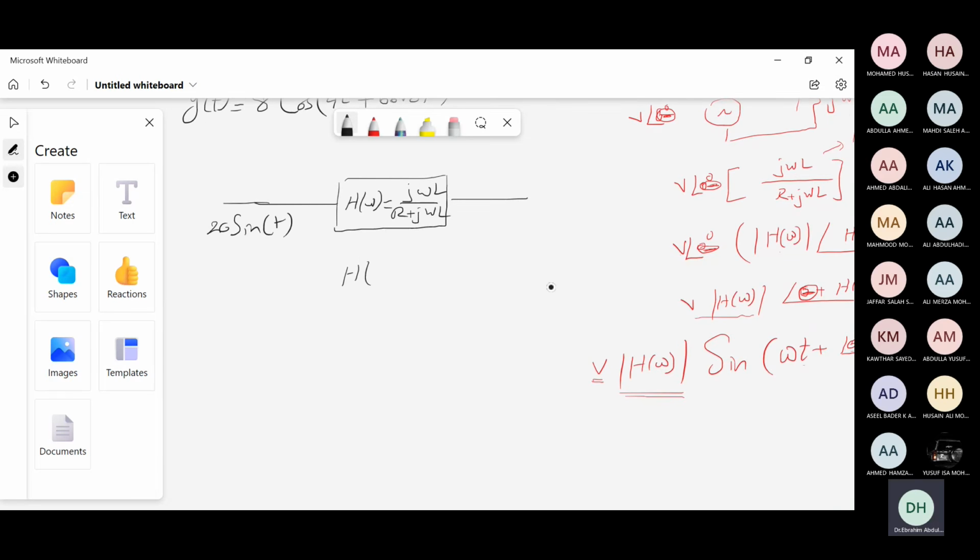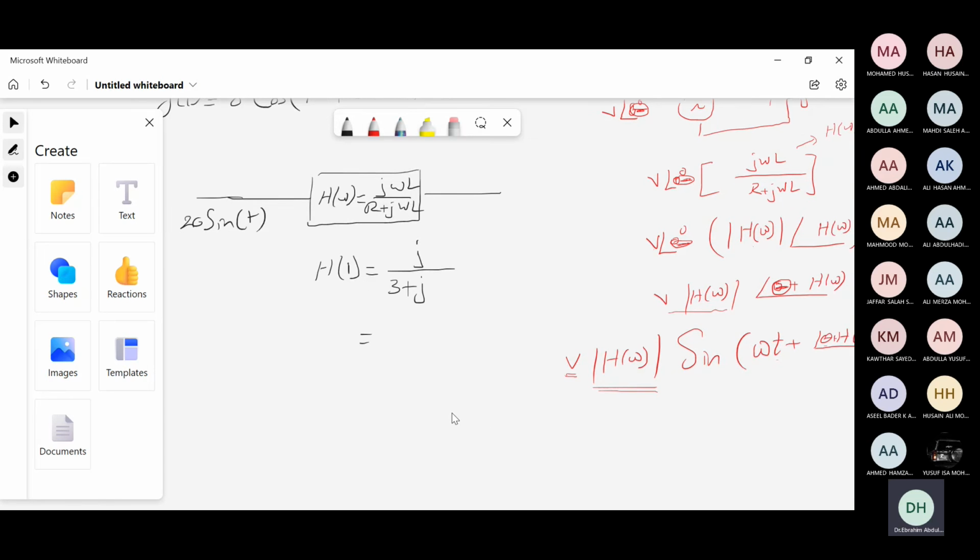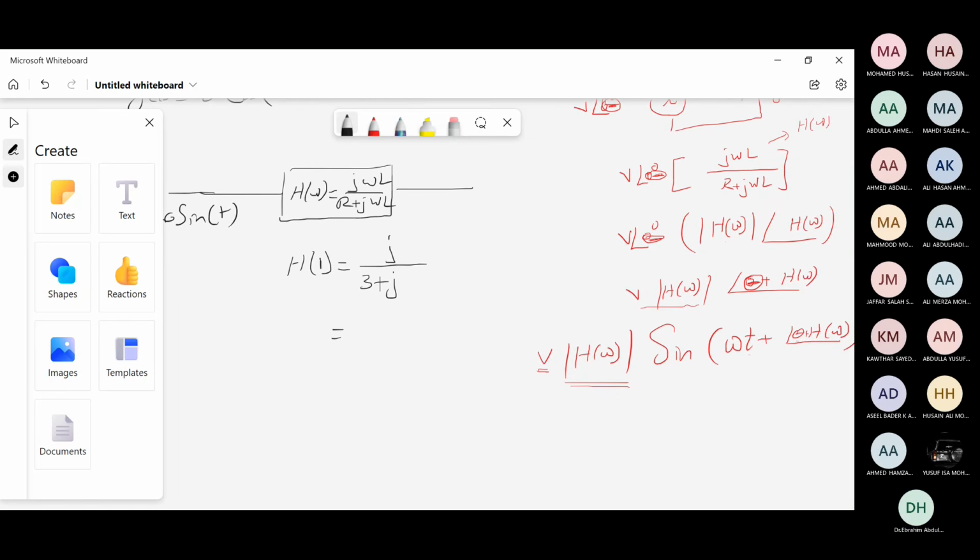Now omega is equal to 1, so h of 1 equals j1 times L, which is 1, divided by r, which is 3, plus j omega L with omega 1 and L 1. So you just need to find this one and put it in polar.